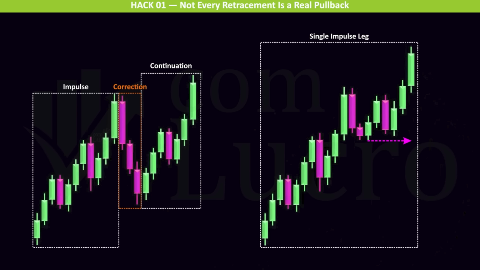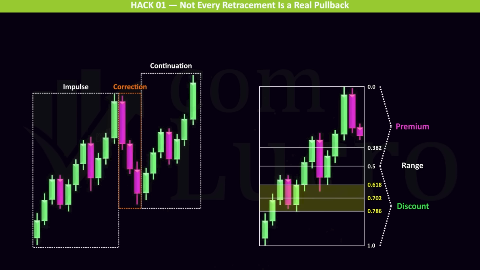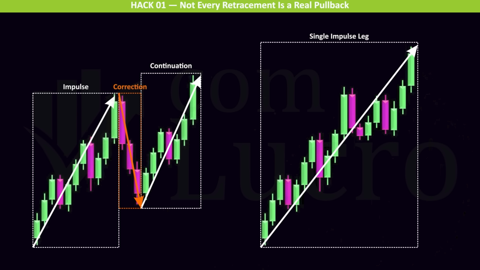Since price has not broken the lowest point of any internal pullback or internal low, nor retraced to at least the 0.382 Fibonacci level, which is an important rule within the Com-Lucro framework, and has also failed to sweep the liquidity below these levels in this sequence, we cannot classify this as a valid corrective movement. Therefore, this price action should be interpreted as a single impulsive move without any correction. These concepts also apply to bearish market conditions.